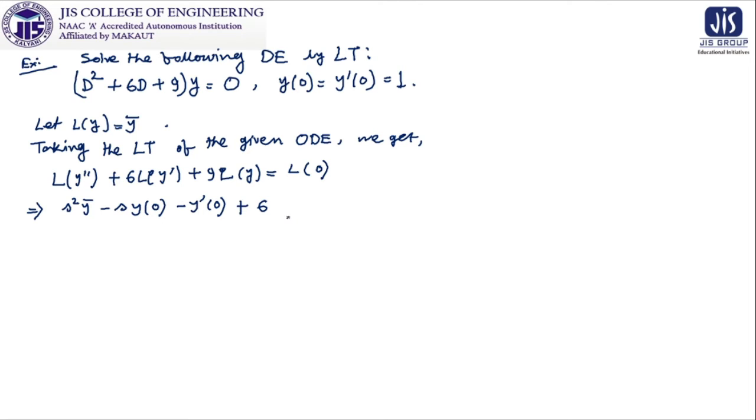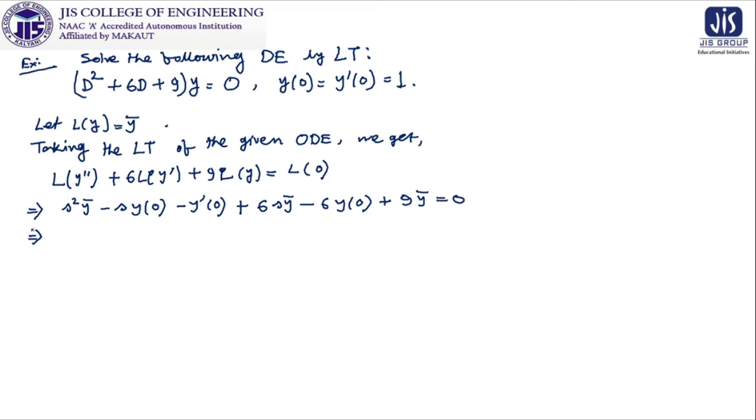In place of Ly dash, we can write sy bar minus 6y0, and for the next part I can write it is only 9y bar is equal to 0.